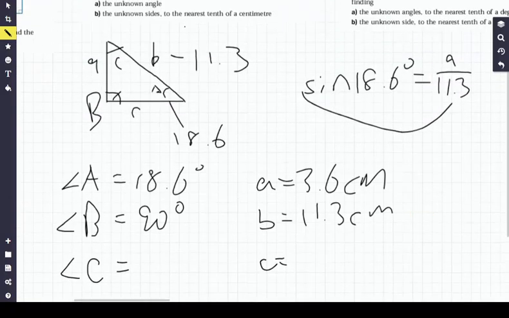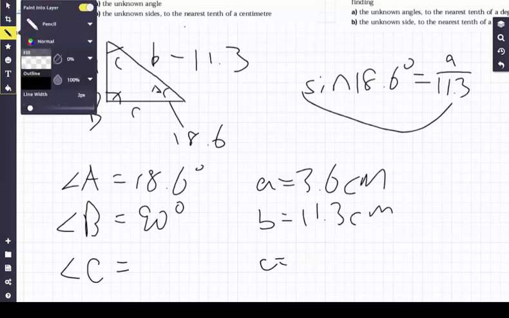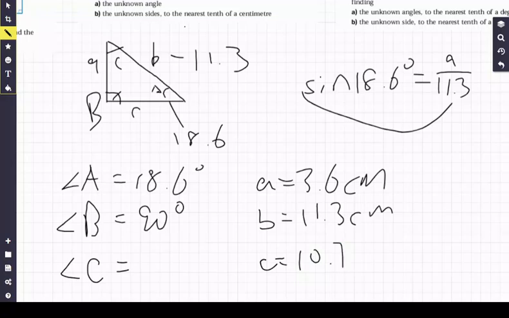Remember, that is the hypotenuse, so we have to minus 3.6 squared. That is going to give us 114.73. We're going to square root that number, and we're going to get 10.7 cm. And now all we need is angle C.